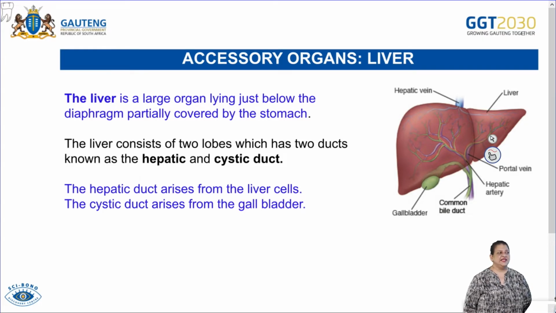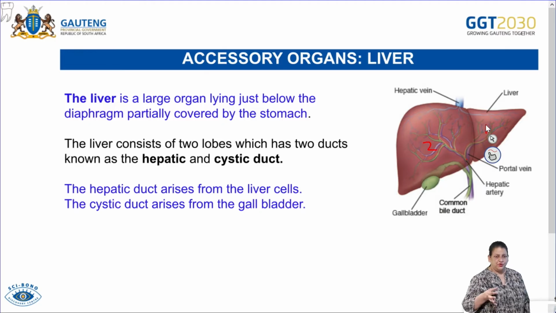Then the liver itself is made up of two lobes. You can see lobe 1 here and lobe 2. So they're made up of two large lobes, right? These lobes have two ducts, a hepatic duct, right? And it has a common bile duct, which we also call the cystic duct.